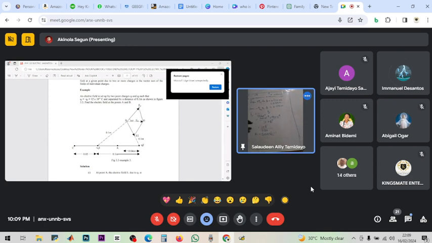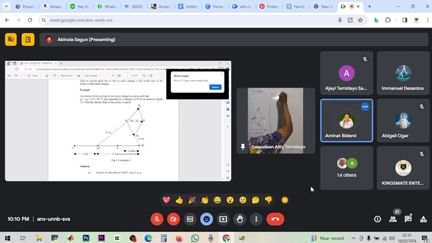Now that is E1. So electric field intensity for Q2 now at A, that is going to be E2. And then E2 is going to be minus Q2 over 4 pi epsilon naught r squared. Am I right? So what's my Q2?